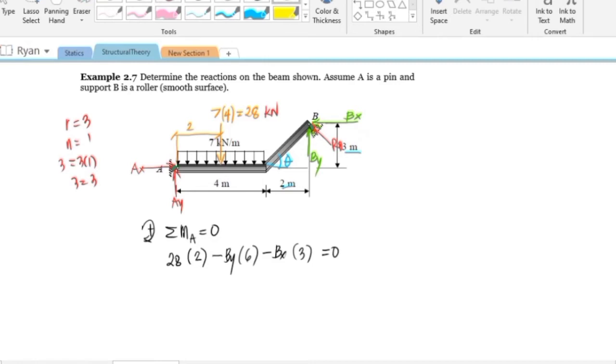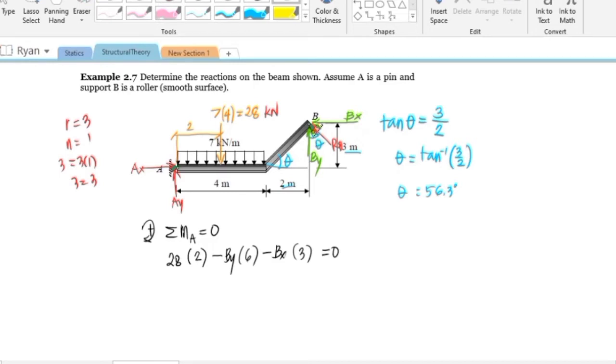So, we have here tangent. Tangent of theta is equal to opposite side, that is 3 meters, over the adjacent side 2 meters. So theta is equal to the arc tangent of 3 over 2, and theta is equal to 56.3 degrees.